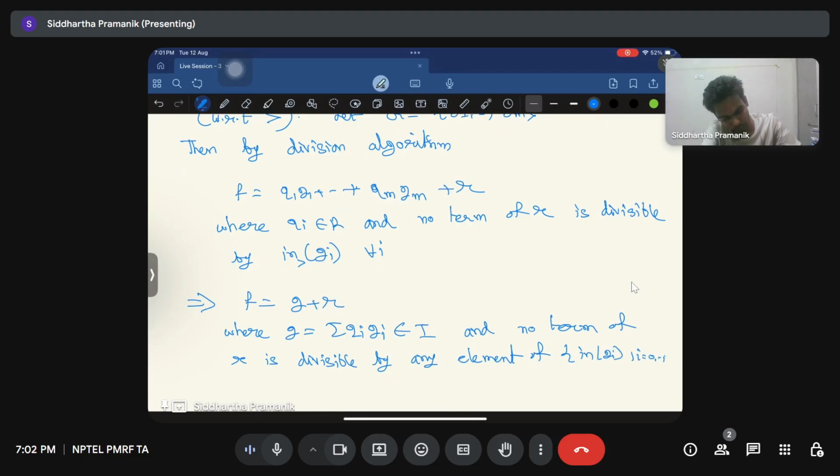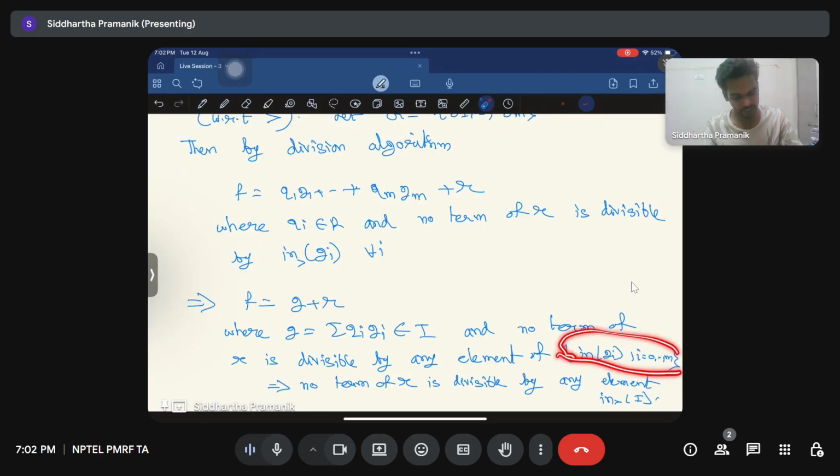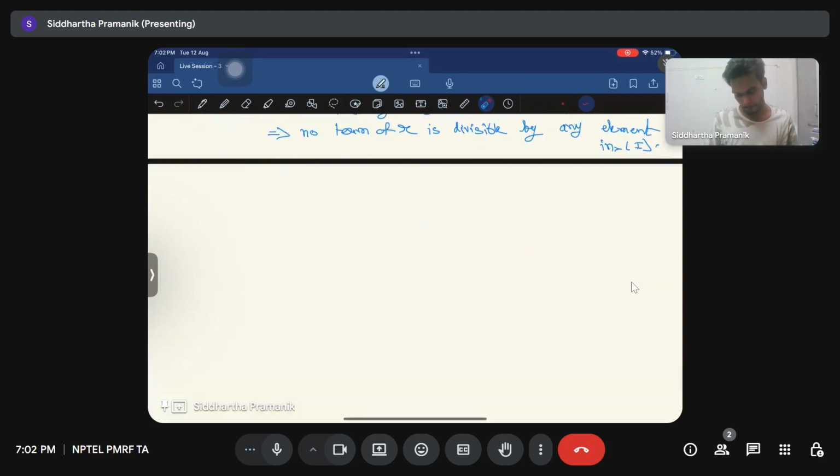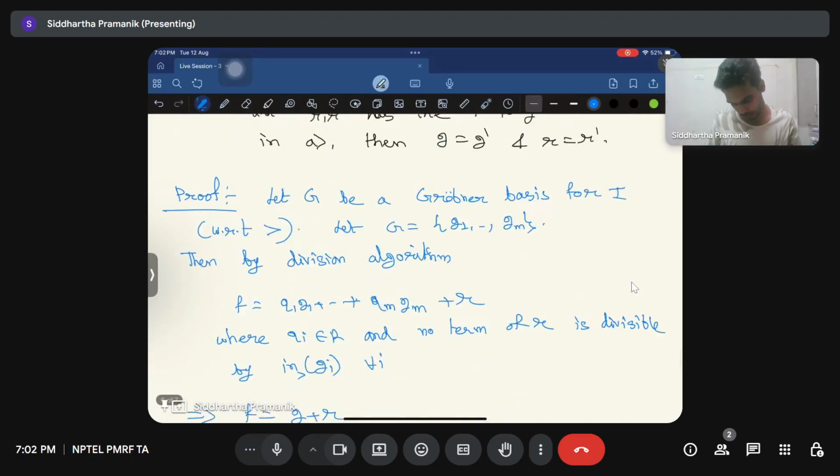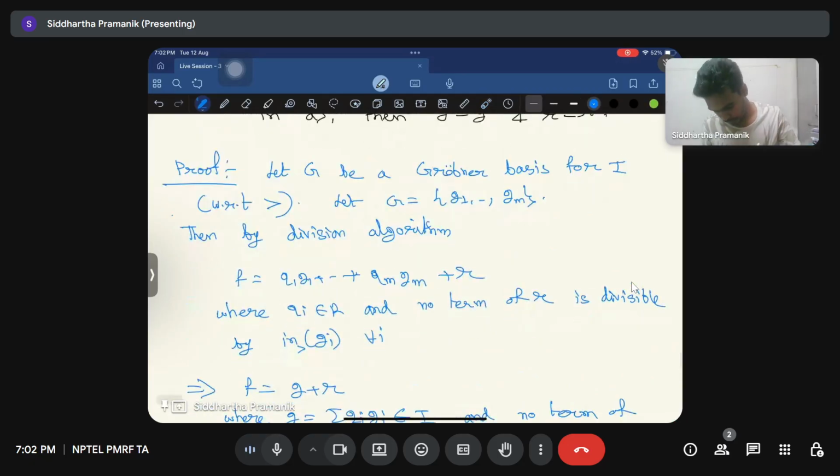That will imply no term of R is divisible by any element of the initial ideal of I, because this set will generate the initial ideal of I, because the Gi form a Grobner basis of I. So this proves the first part. This is actually very easy. Now let's prove the second part.